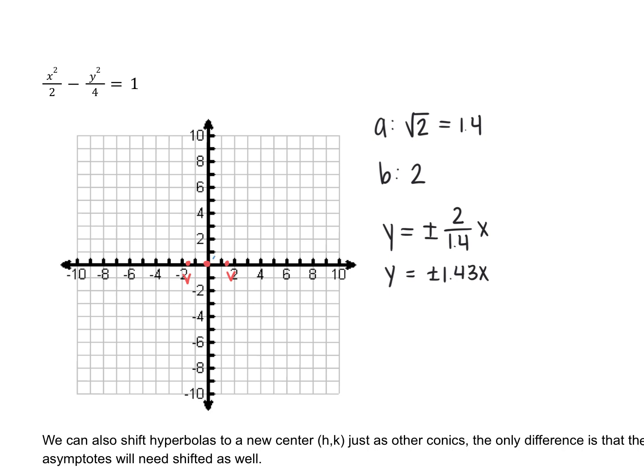It's not going to be 100% accurate. Slightly more than a slope of 1. So that's roughly what our asymptotes are going to look like. So then when I draw my hyperbola, that's what you end up with.